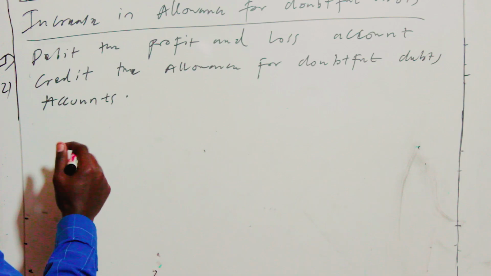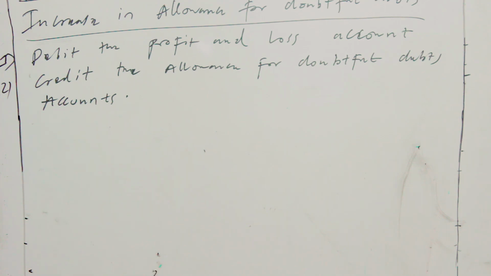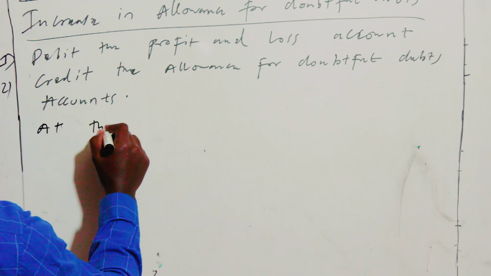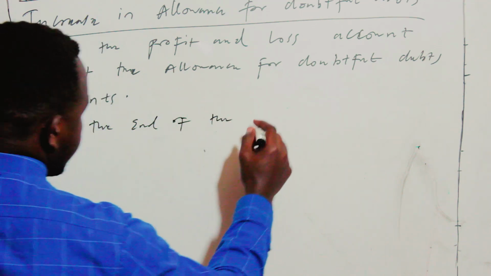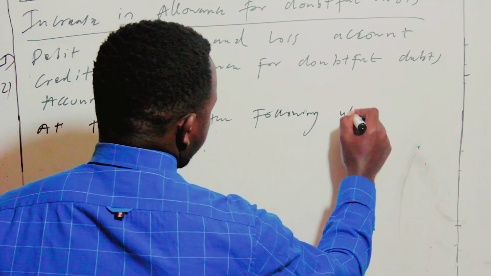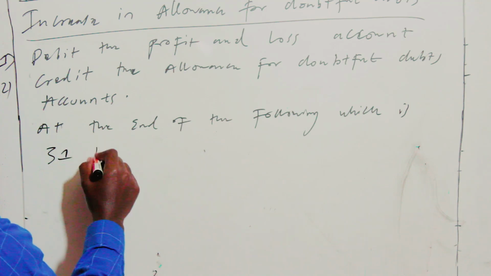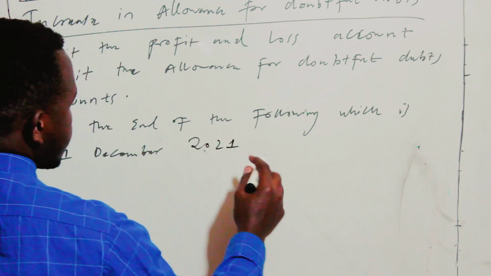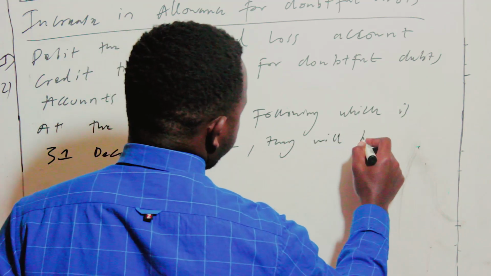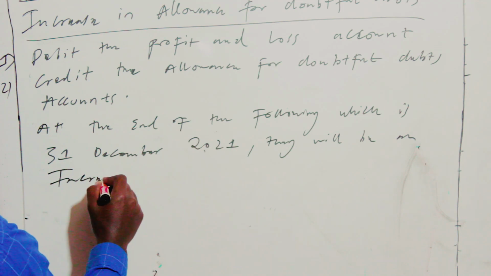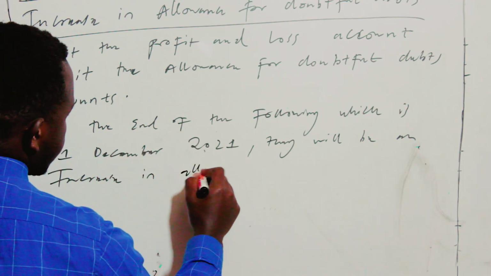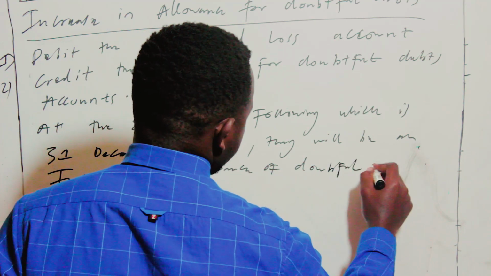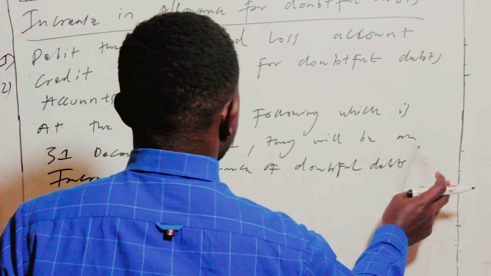Considering the same example that we did at first, at the end of the following year, which is 31st December 2021, there will be an increase in the allowance for doubtful debts.